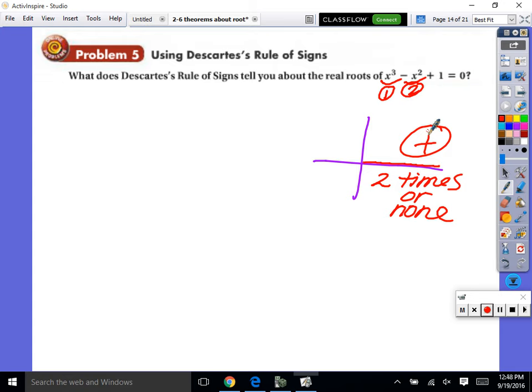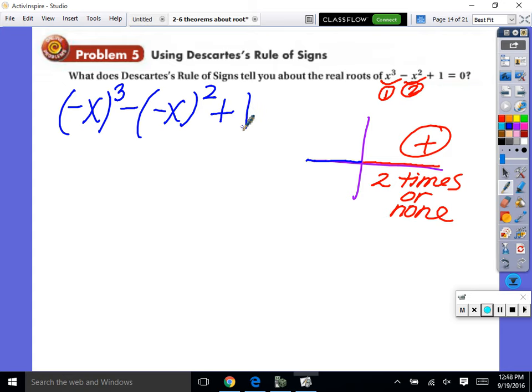Does everybody understand? Now we're going to test the negative. So we're going to test negative x. We're going to plug in negative x into our original function, kind of like when we were testing even, odd, or neither. So we have negative x cubed minus negative x squared and then plus 1. Let's simplify this correctly on the test. Some of you did not simplify it correctly.